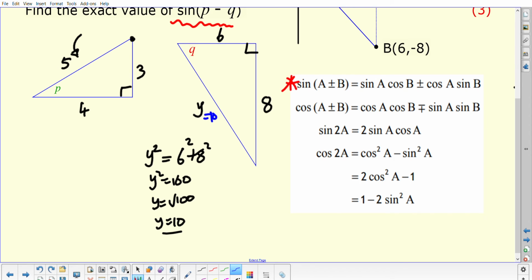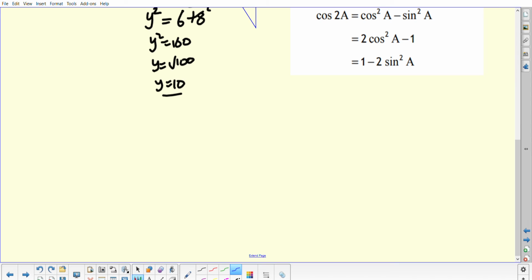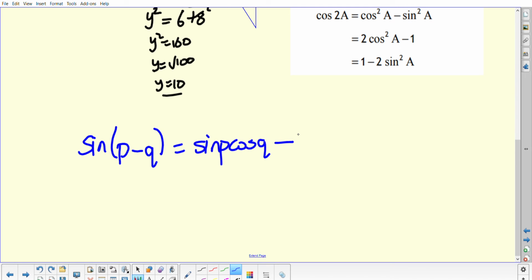And that allows you to write down your expressions. So you were trying to work out the sine of p minus q. So first thing you should have done, write out the expanded form. So sine p cos q minus cos p sine q.